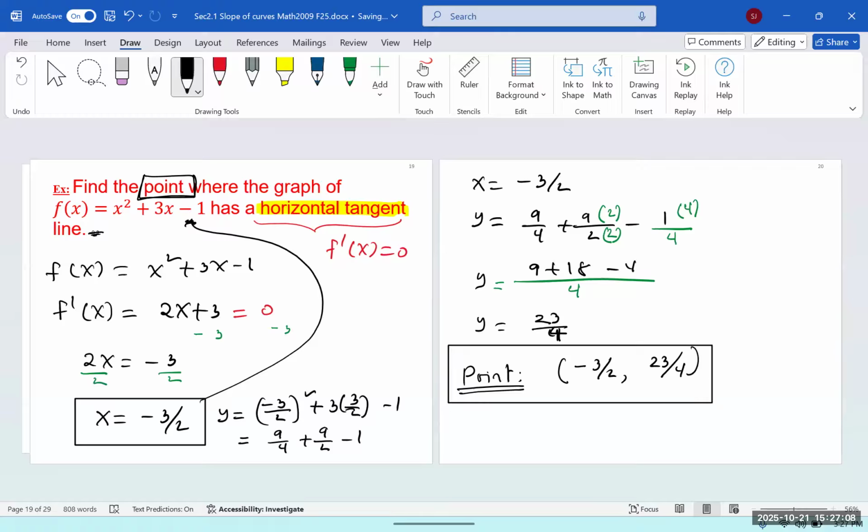So this graph, I don't know the shape, but this is what is happening. Here, this is -1, and this point is negative 3/2. No. The other way around.